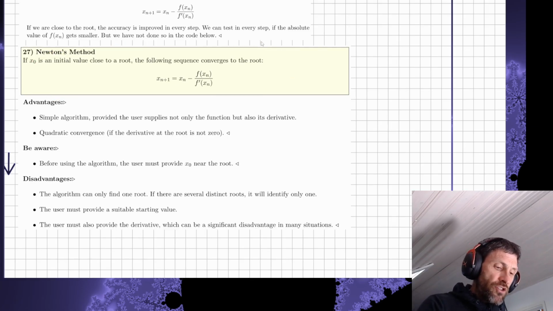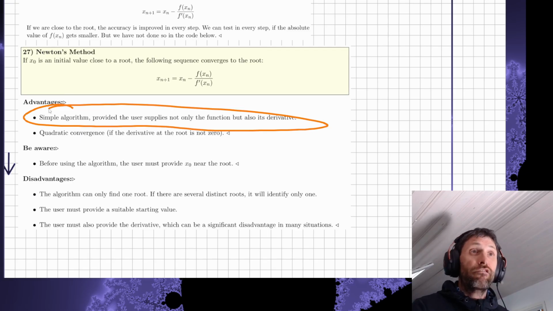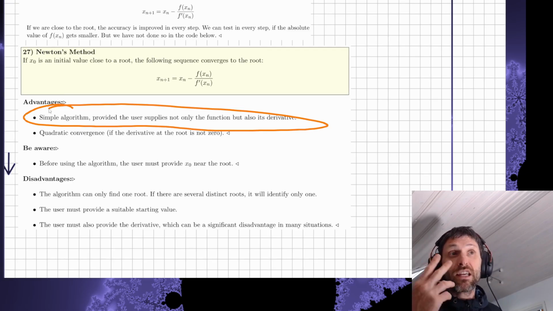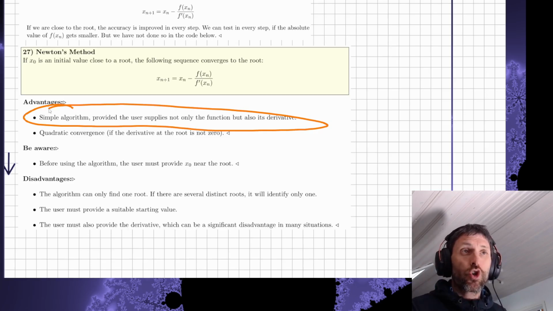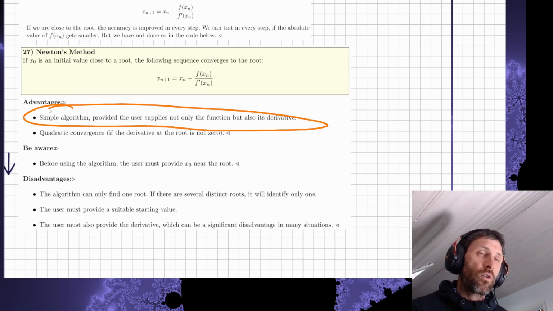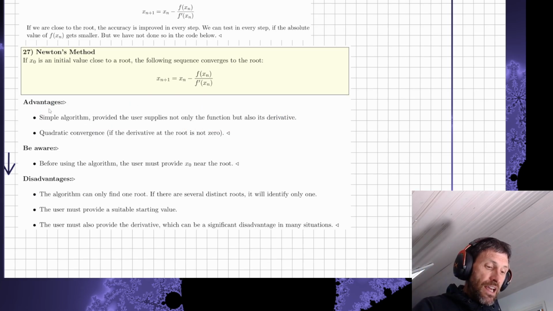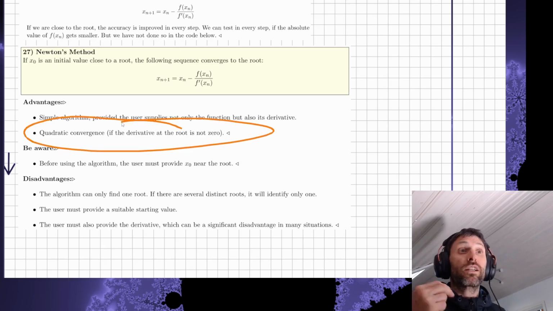What is the advantage? The algorithm is still very simple. It's even simpler than bisection was. The code will be shorter, but a little harder to understand. But now, with all I told you, I think it's also easy to understand. And the convergence is quadratic.